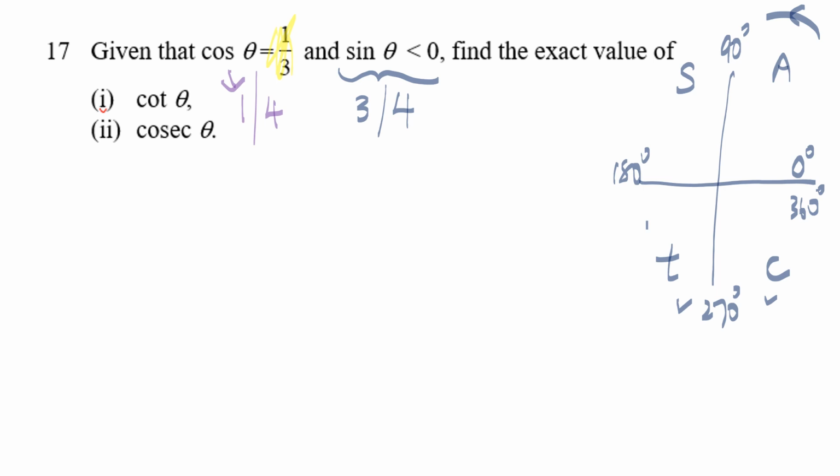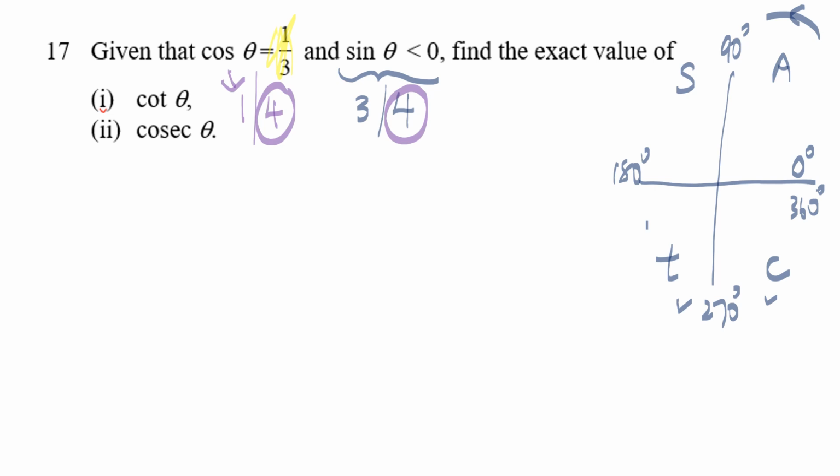So the quadrant that this angle theta must be in will have to be the overlap of 1 and 4, and 3 and 4, right? So the overlap is the fourth quadrant. Okay, so this is how we deduce where the angle theta must be.